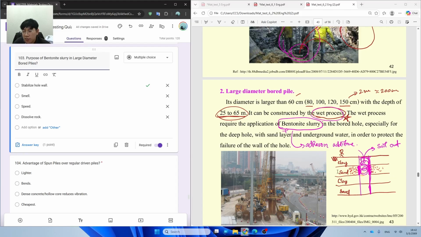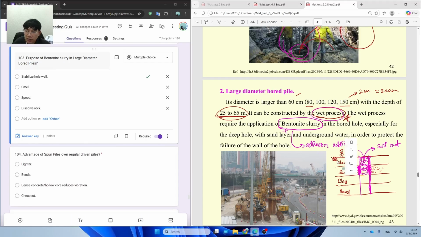For example, a sand layer is not going to stick together compared to a clay layer. That's why when we create a borehole like this, there is a lot of chance of sand falling out from its layer to the bottom, and we don't want that to happen. That's why we need to use the bentonite slurry, to inject the slurry or the clay inside the sand layer to maintain the borehole, which means we need to stabilize the borehole.